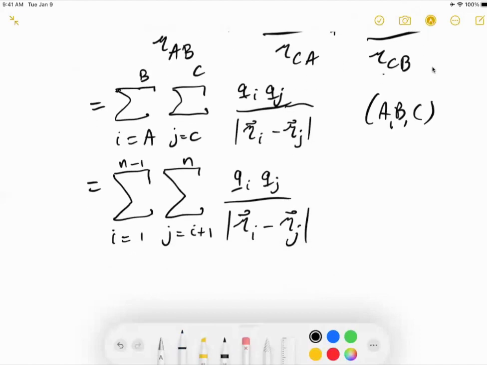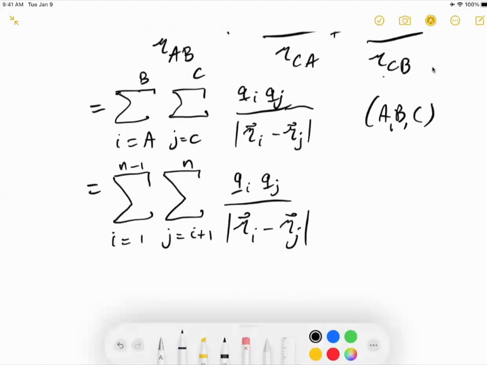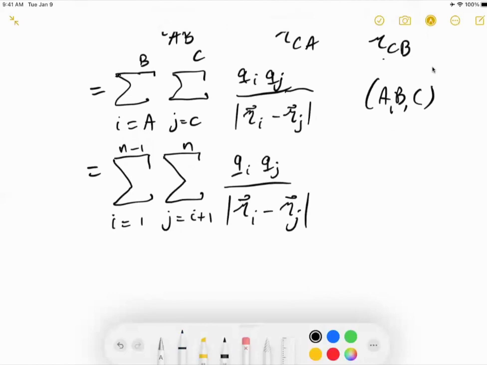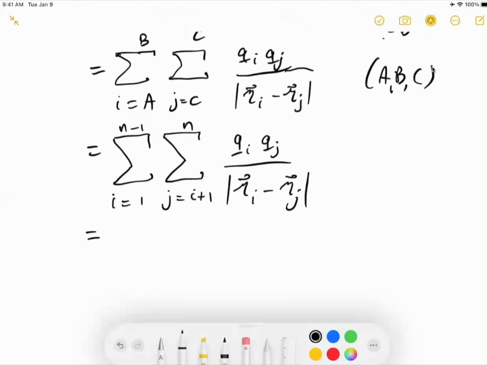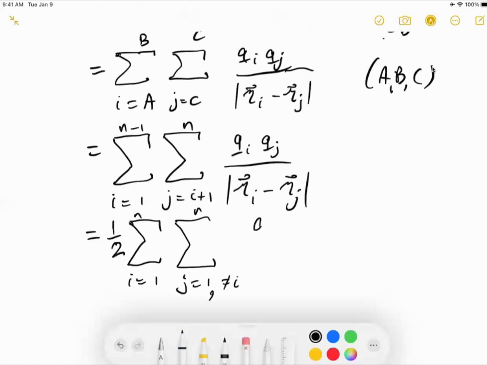Okay, now what you can do is you can say, well, it's 1/2 the sum of I 1 through n and the sum of j 1 through n, but not I. So I'm doing everything, right?